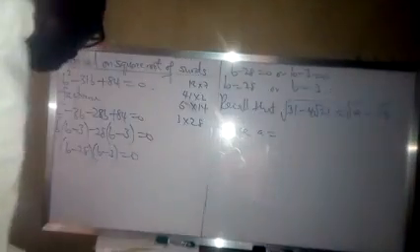Now we have gotten B, so A will be equal to, from my substitution, 31 minus B. Therefore, for B to be 28, A will be 31 minus 28, which is equal to 3. Now, for B to be 3, A will be 31 minus 3, that is 28.